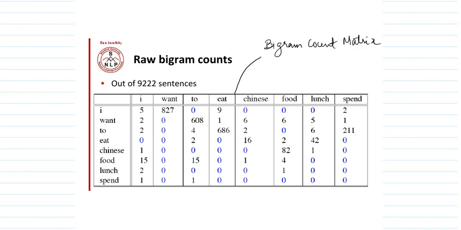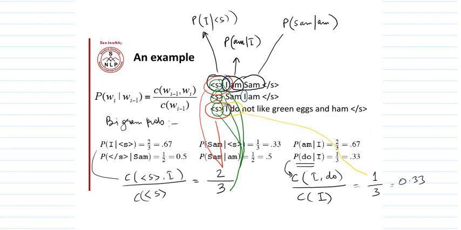These are the bigram counts, and these are the unigram counts.